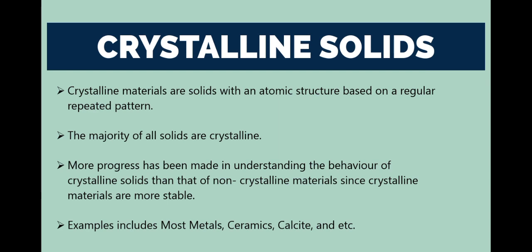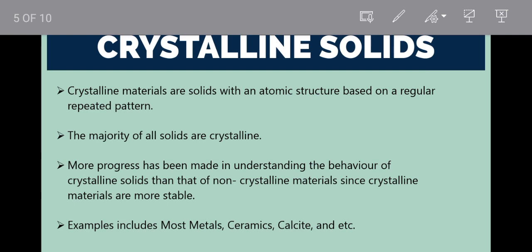The ordered atomic structure provides a well-defined framework for studying their mechanical, thermal, and optical characteristics. The stability inherent in crystalline structures allows for more accurate predictions of material behavior and properties, facilitating progress in material science, engineering, and technology development.